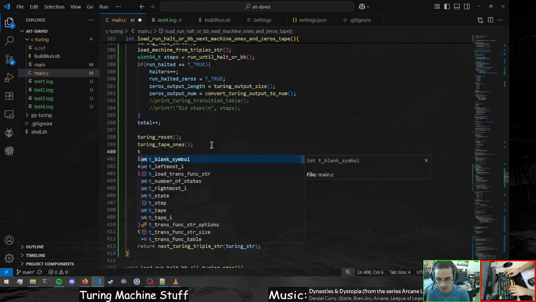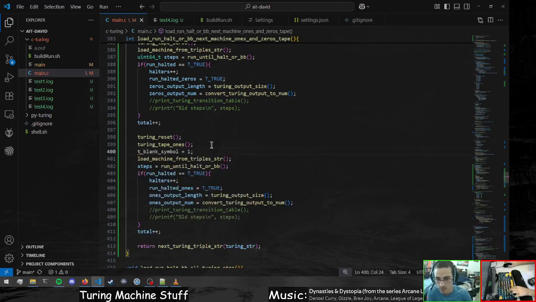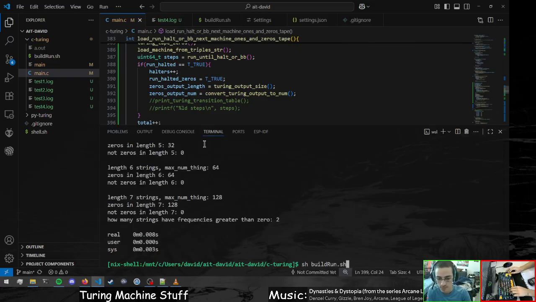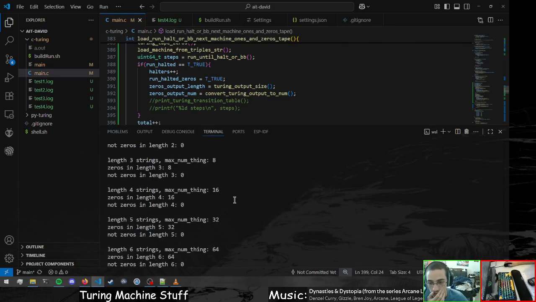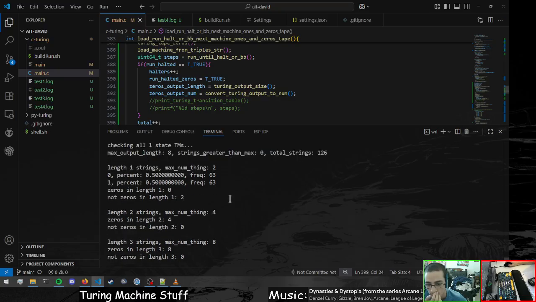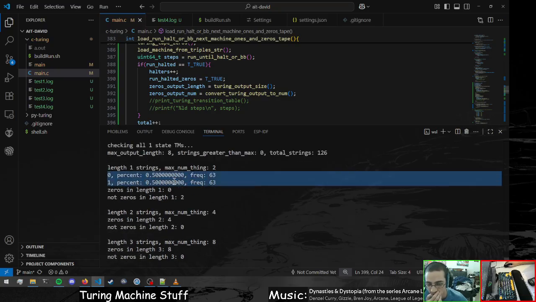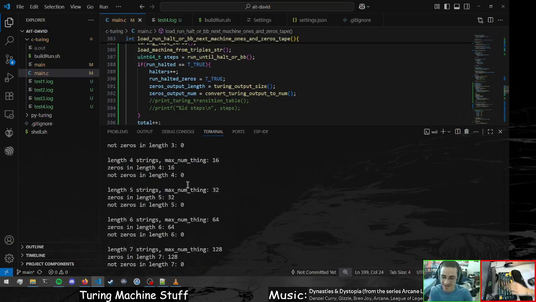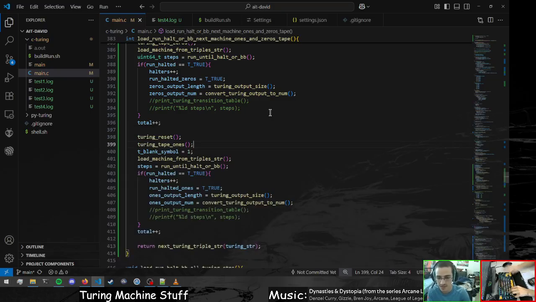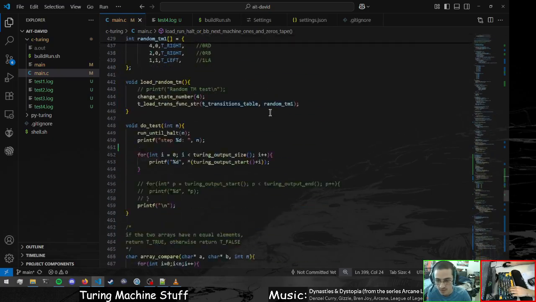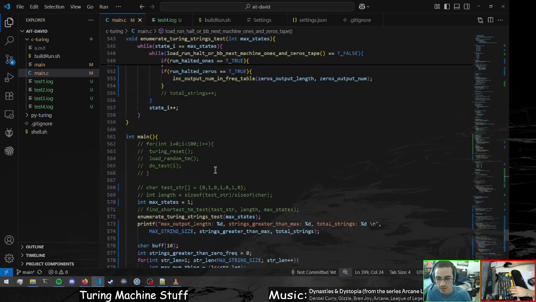So I'm gonna say t blank symbol equals 1, because initially it is 0, but it should be 1, I guess. Oh my god, it worked. It actually worked. Okay, wait. Is this what I had to do all along? Is this the solution I'm looking for?